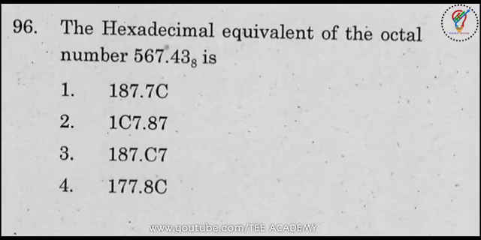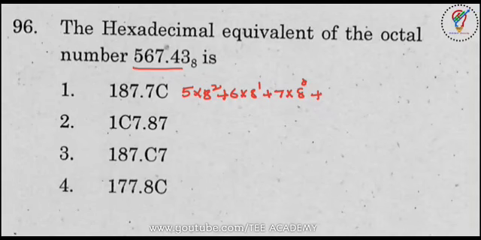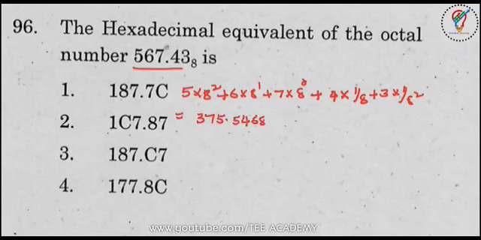First, we will take this term: 5 into 8 square plus 6 into 8 power 1 plus 7 into 8 power 0 plus 4 into 1 by 8, or 8 power minus 1, plus 3 into 1 by 8 square. By solving this you will get 375.546875. We converted it into a decimal number here, but we want a hexadecimal number.